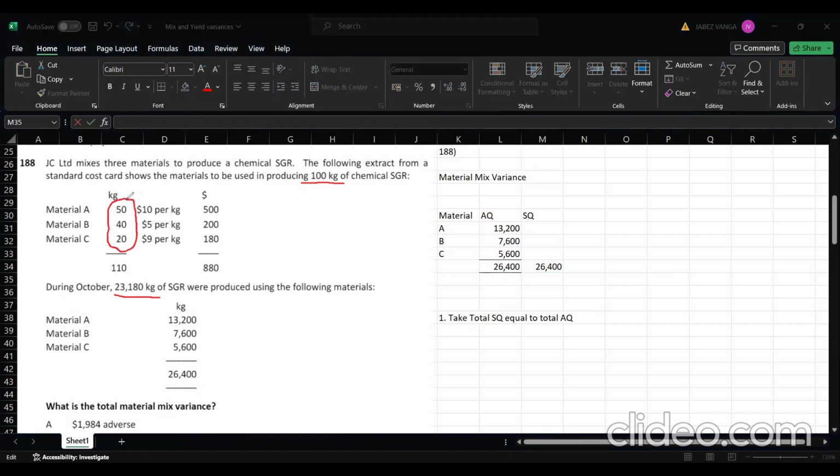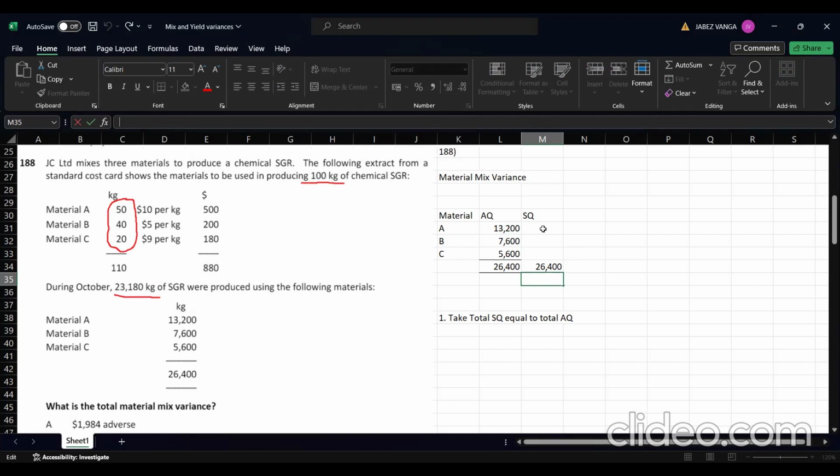In the same ratio, we would allocate the amount of 26,400 among A, B, and C, in the ratio of 5 is to 4 is to 2. What is 26,400? That's the total actual quantity which is consumed. 5, 4 is 9, 9 plus 2 is 11.